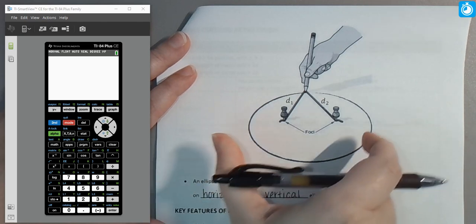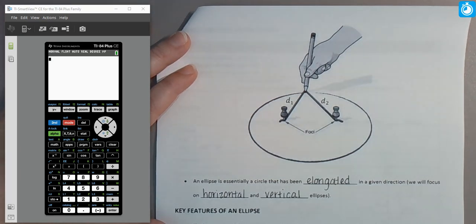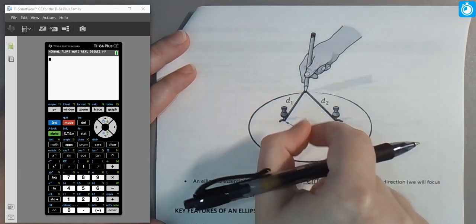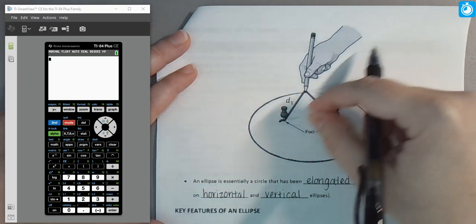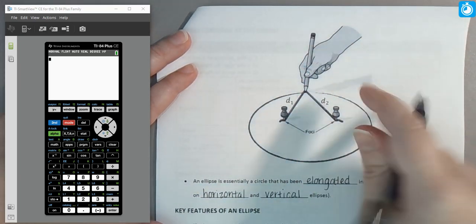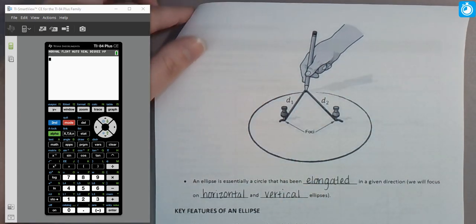If we were to rotate and have elongation diagonally, that's going to adjust our equations a little bit. So we're just going to focus on horizontal elongation, which would look like this, versus vertical elongation, which means the longer version of the ellipse is going to be vertical.